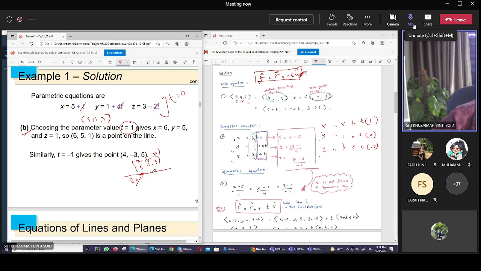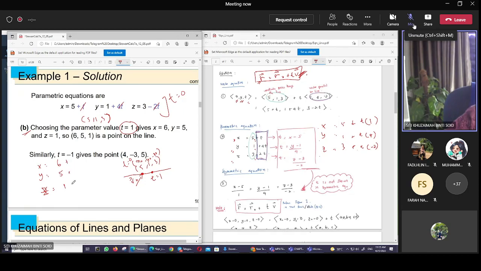So this is when t equals 1. We have another point, so we can still write the equation, for example this parametric equation, with x, y, and z. The coordinate that passes through this line, we have another set, 6, 5, and 1.